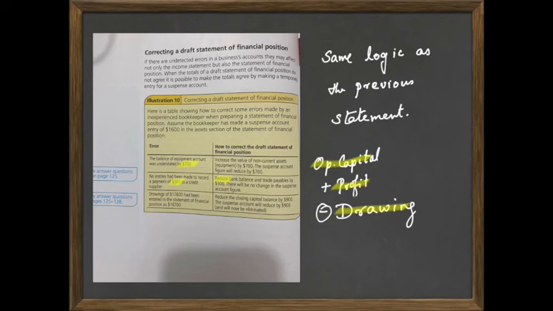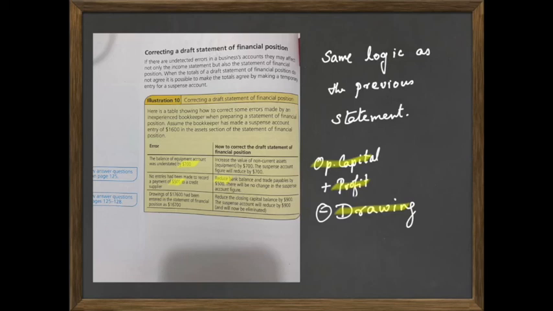Now you have overstated the closing capital by 900 because drawings actually is giving a negative effect, but you did not do that correctly. You understated drawings by 900 and you overstated the closing capital by 900. So when that happened, now you have to deduct 900 from your closing capital.